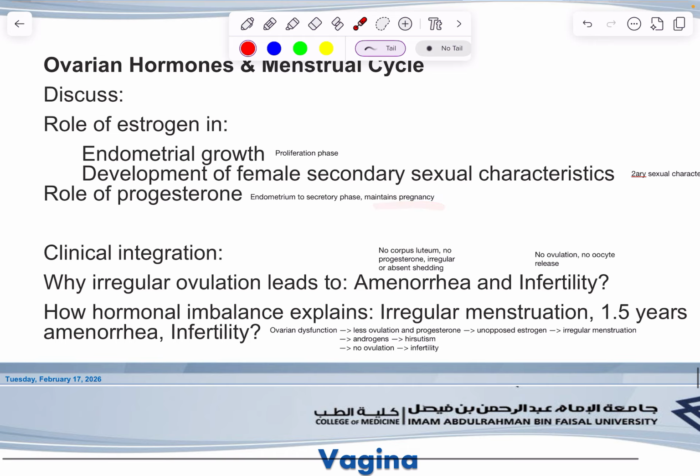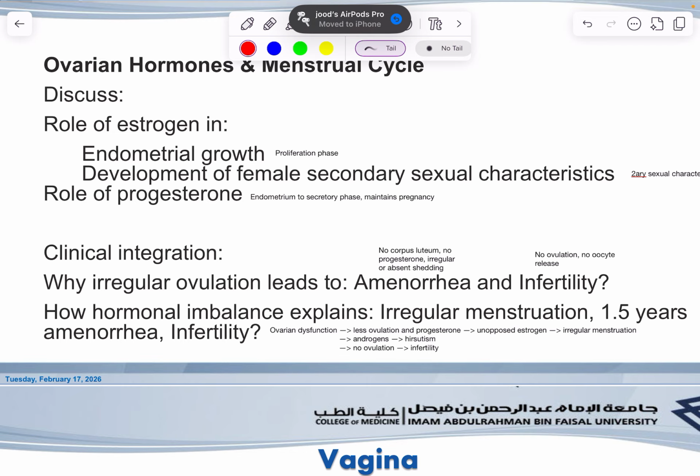Why does irregular ovulation lead to amenorrhea and infertility? In the case of amenorrhea, we have no corpus luteum, so there's no progesterone. There's irregular or absent shedding because estrogen is unopposed. In infertility, we don't have ovulation and there's no oocyte release in the first place. Then regarding irregular menstruation, as we said, the ovaries are dysfunctional, so there's less ovulation and progesterone.